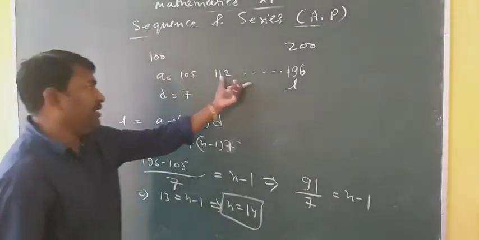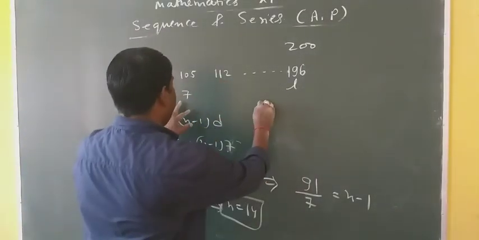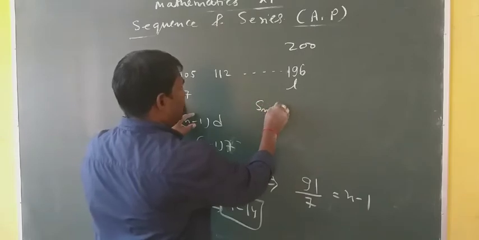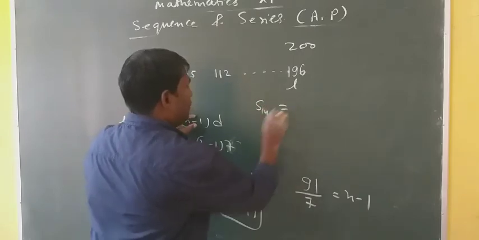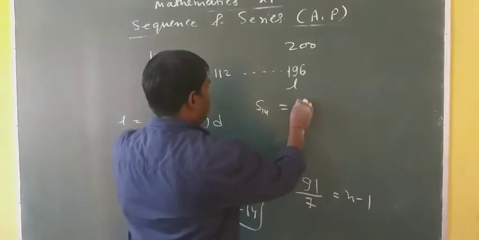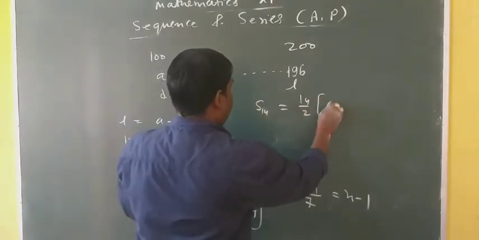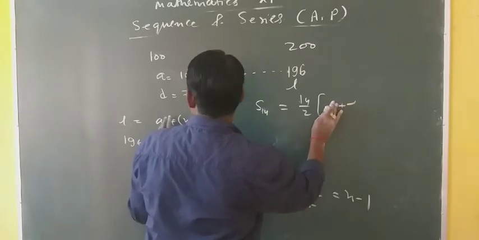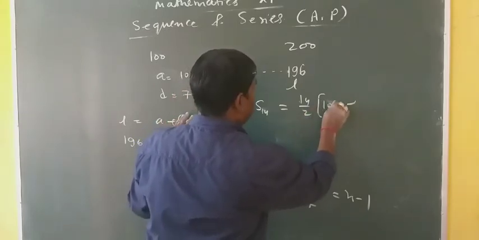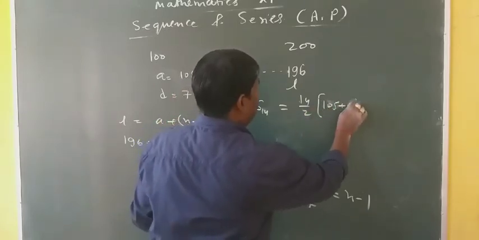Now you have to add them. How will you find the addition? So Sn, means S14 now, is equal to n by 2, means 14 by 2, a plus l. a is what? 105. What is l? It is 196.